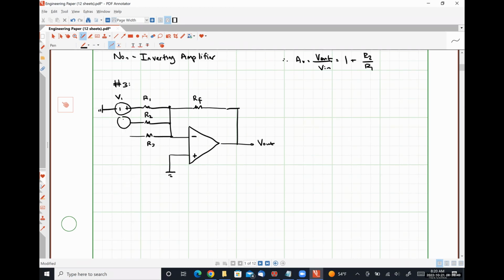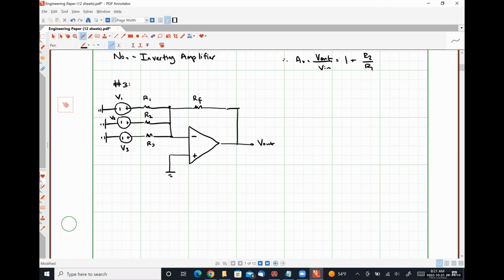So V1 represents an input signal, V2 represents an input signal, and V3 also represents some input signal. Okay.